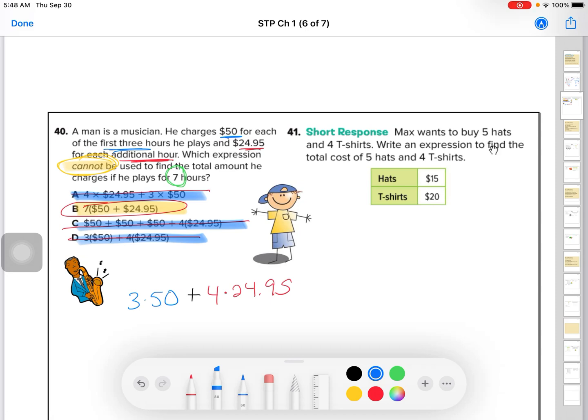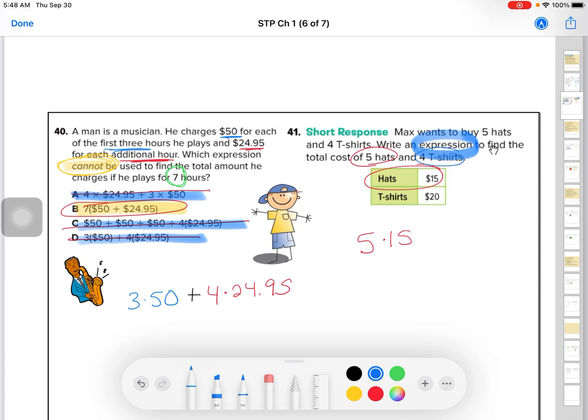In 41, it says Max wants to buy 5 hats and 4 t-shirts. They want you to write an expression. So basically they want you to write something like this to find the cost of 5 hats and 4 t-shirts. Well, 5 hats would be times 15 because they're $15 a piece.